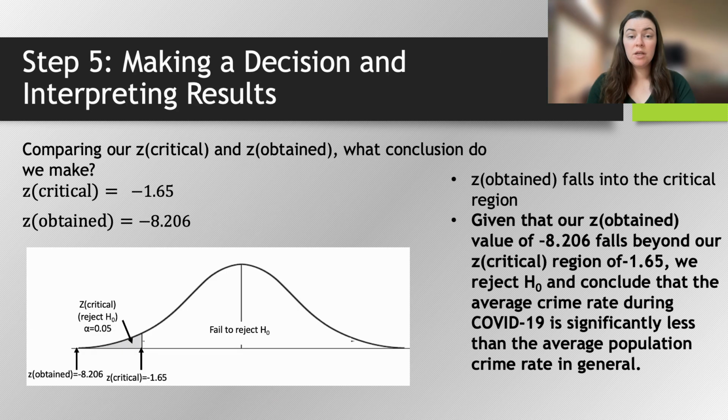Now we've reached step 5, our final destination in terms of our example for one sample hypothesis testing for means. This is our opportunity to compare our z-critical value, which is what we established in step 3, to our z-obtained value, which is our test statistic, which we just calculated in step 4, to determine what conclusion we're going to make.